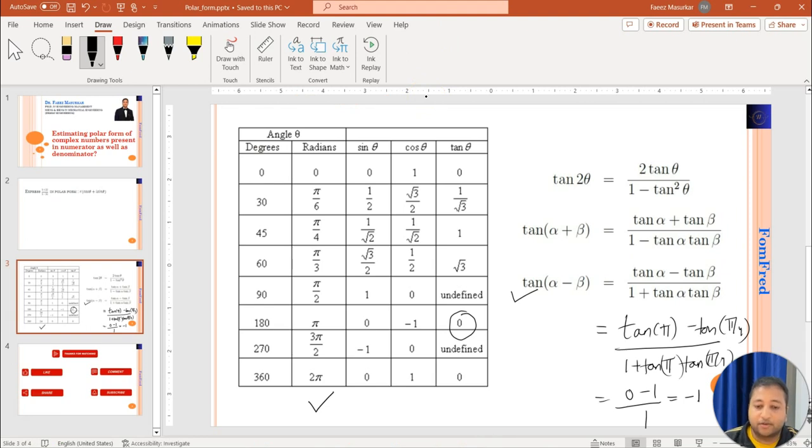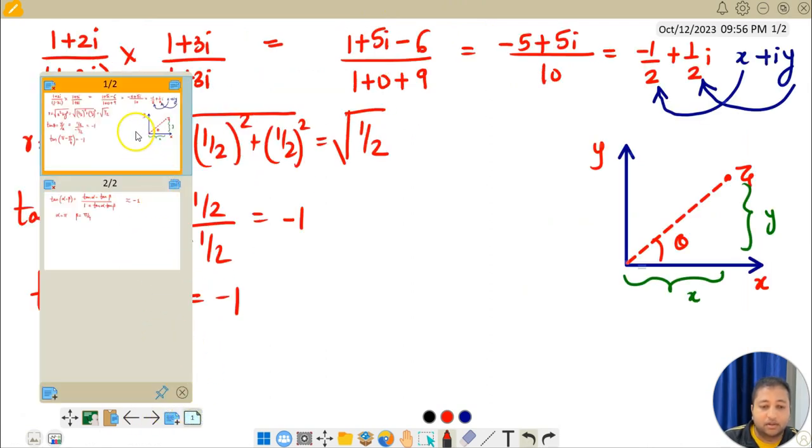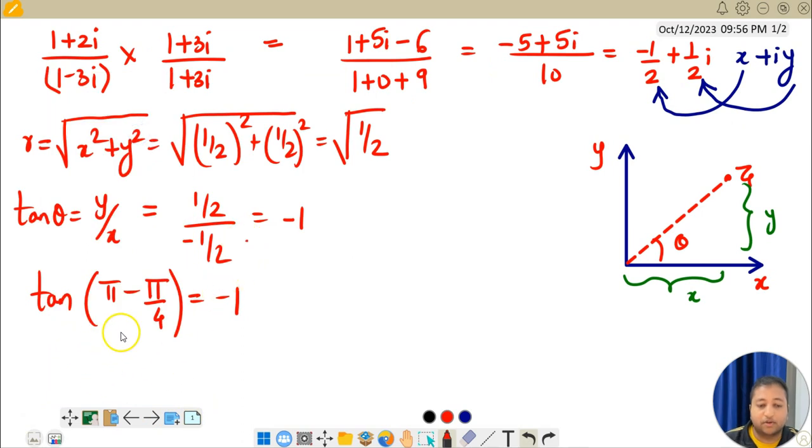As you can see, tan of pi is 0, as highlighted here by a circle, and tan of pi by 4 is 1. If we substitute all these values, we end up with tan of (pi minus pi by 4) equal to minus 1. So based on the tan identity, we write this as pi minus pi by 4.